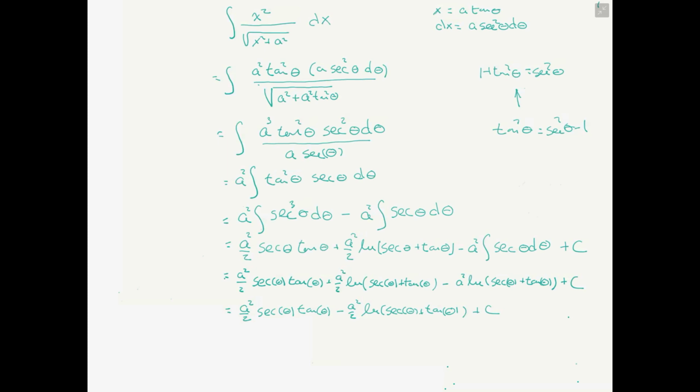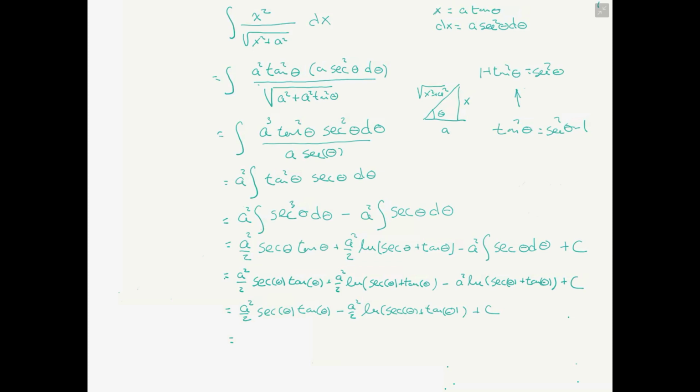Now we have to put everything back in original terms. So we know that we've chosen x over a as the tangent of theta. So the secant is the square root of x squared plus a squared, over a. Now these are both going to be over a.